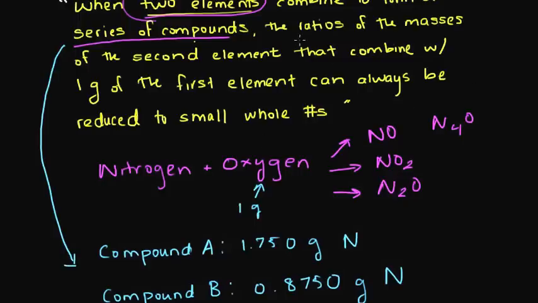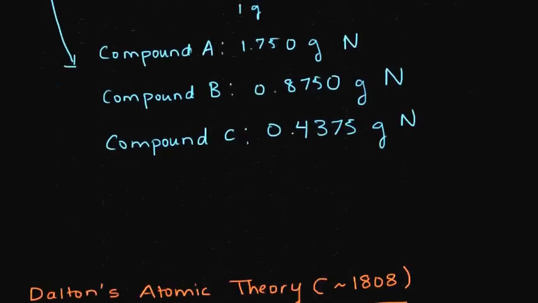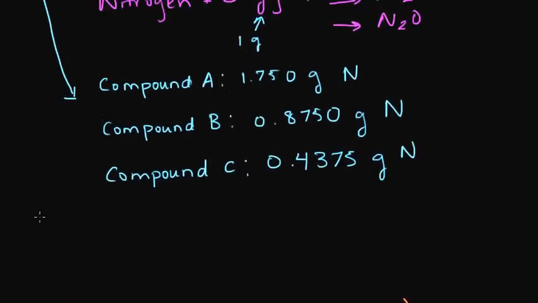Look at this next bit. The ratios of the masses of the second element that combine with 1 gram of the first element can always be reduced to small whole numbers. Well, we've got masses down here, so let's just take a look at these ratios. Let's do A to B first.